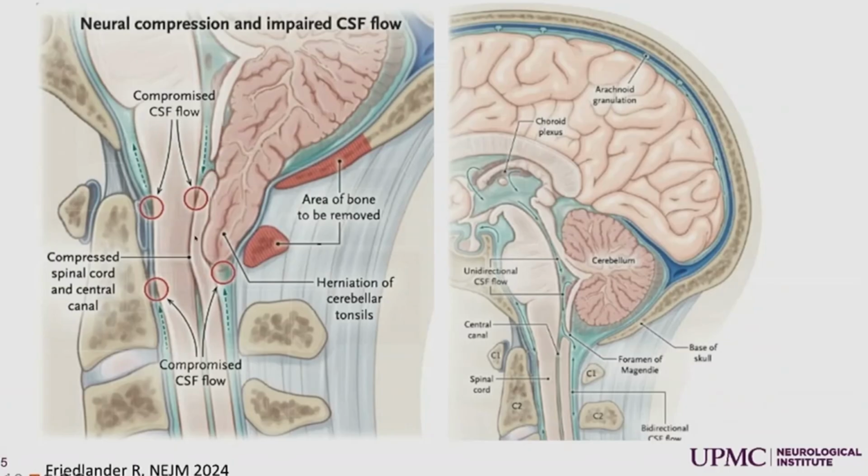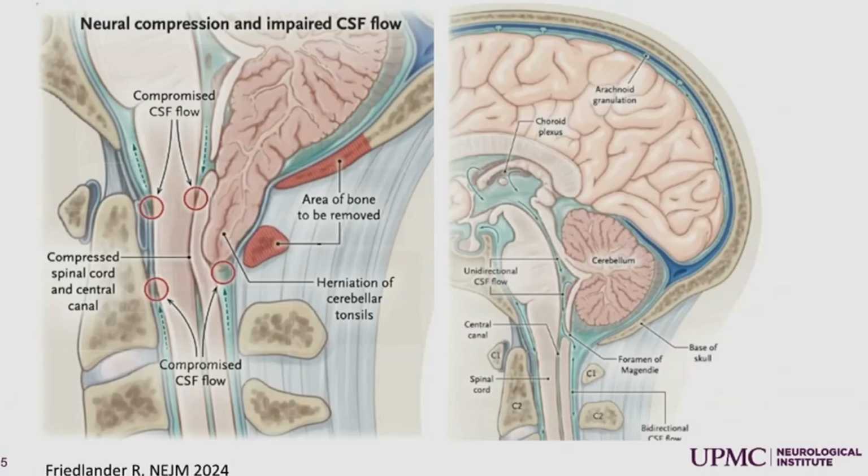People get symptoms for a number of reasons. Pressure on the spinal cord can cause numbness or weakness, and when the CSF does not flow freely from the brain, you can get the headaches, which are typical symptoms from Chiari.